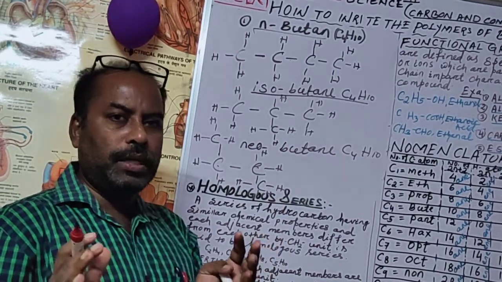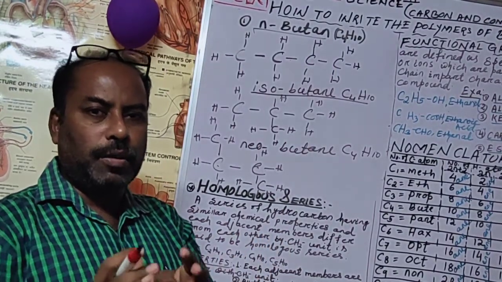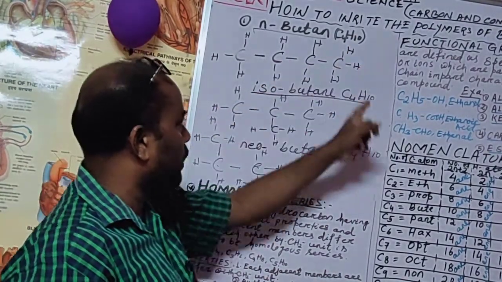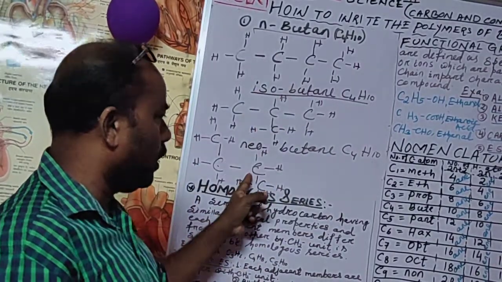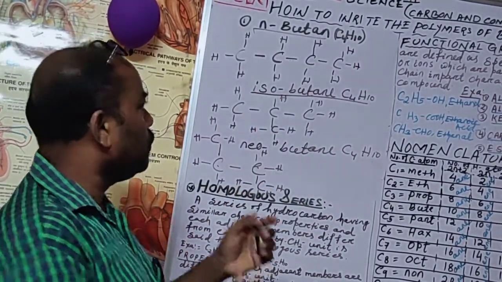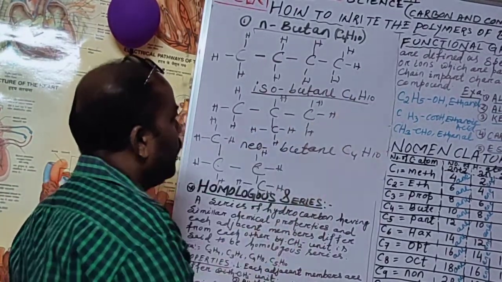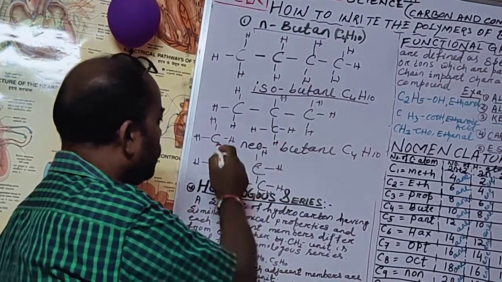Isomerism means what? The compounds having similar molecular formula but different structure. So this is similar molecular formula C4H10, but different structures are there. So the isomers of butane are N-butane, which is a straight chain, isobutane, which is a single branch, and neobutane, which is a double branch.